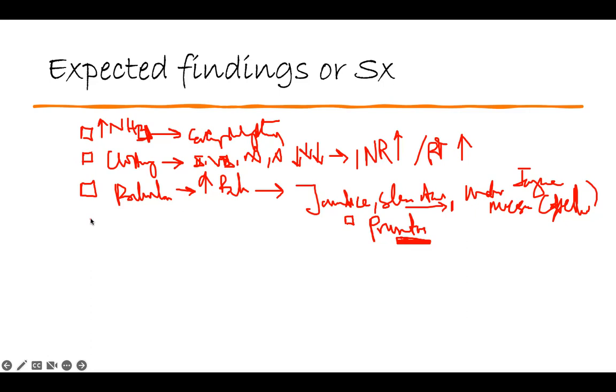Then I told you about the liver making protein. Well, protein is what keeps the oncotic pressure in your vascular system, such that when you don't have enough protein, fluid will leak into the extracellular matrix.